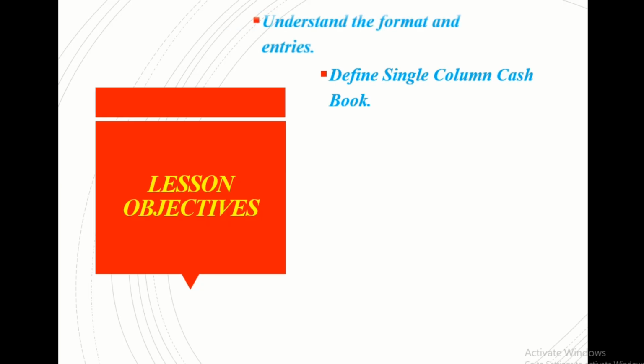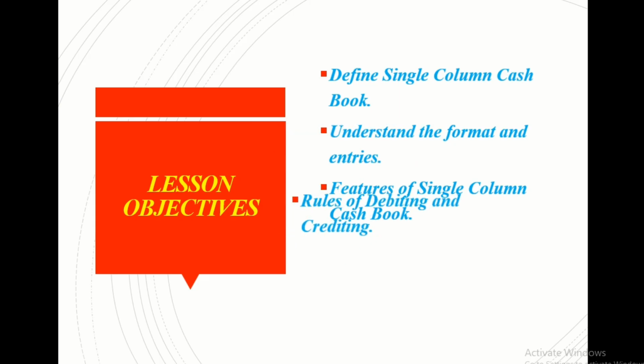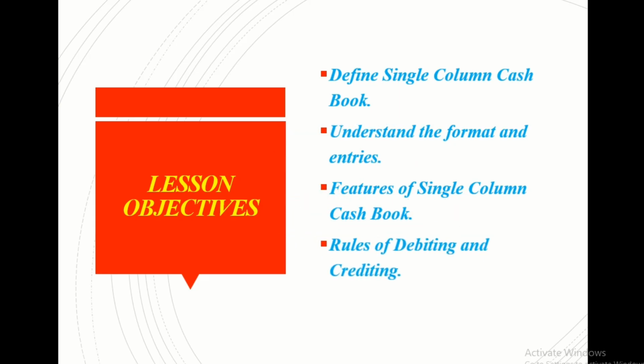Number two, you are going to understand the format and entries. Number three, you are going to know the features or characteristics of single column cash book. Next, you are going to know the rules of debiting and crediting in cash book.